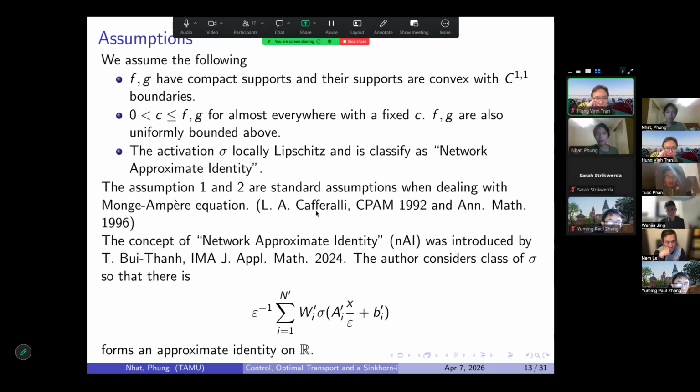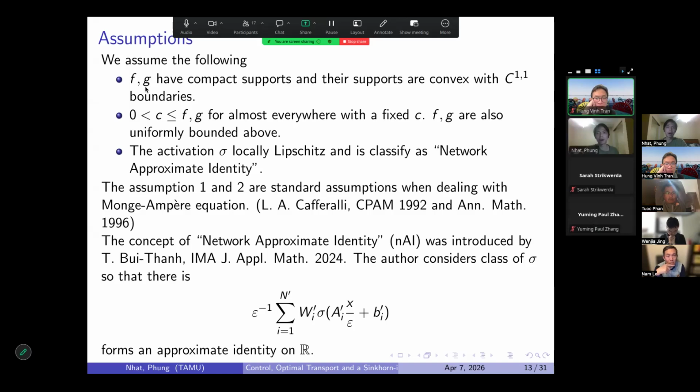And so this becomes standard when we are dealing with the Monge-Ampère equation. The assumption is also really standard and it's not too strong. It only needs to be on the initial and the terminal density functions. So it's reasonable compared to having to assume on the vector field, where we actually don't have any information.